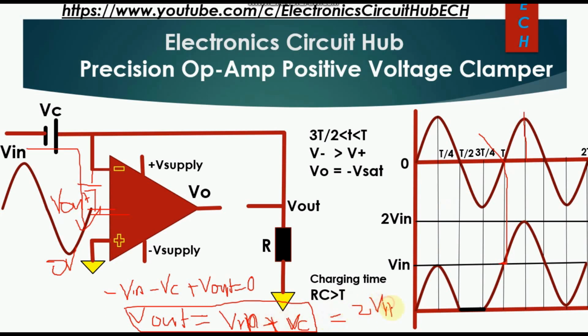So for this time period you are getting 2V in, that is here 2V in. And for here your input signal is again 0, so your output would be V in. Then again here your input signal is negative, so your output would be 0. Then again here you can do the analysis.